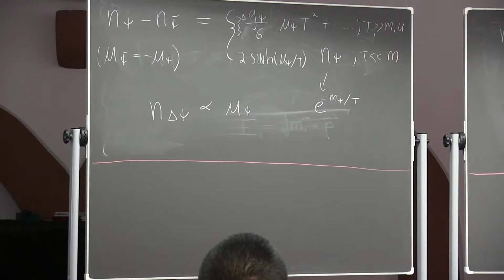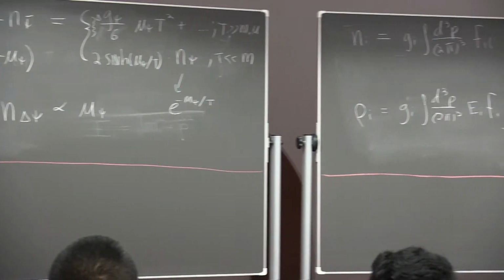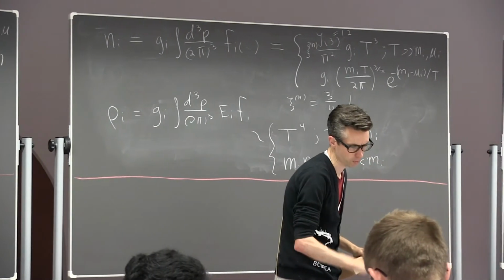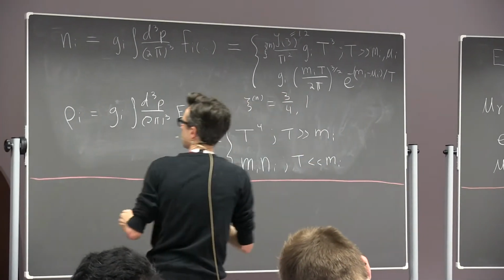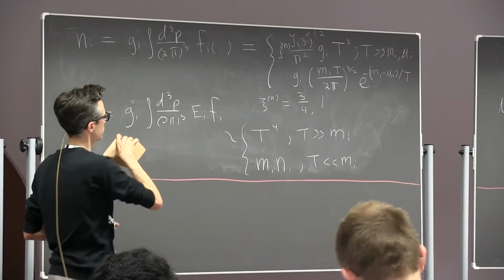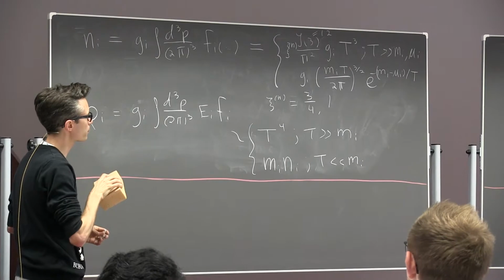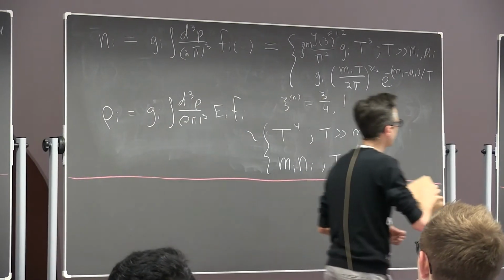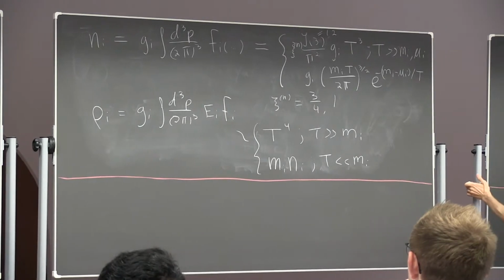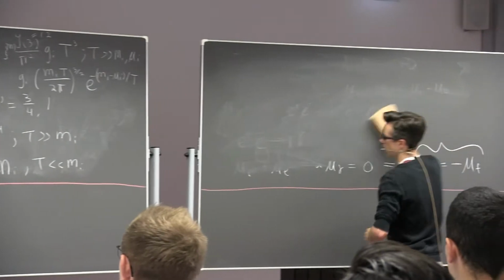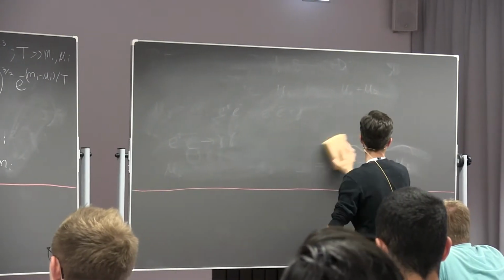But let me just move on and remind you of a few things. Using these number densities and energy densities, we can write down a very simple expression for the Hubble expansion rate in radiation domination.